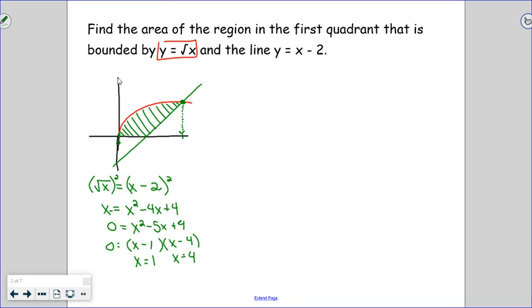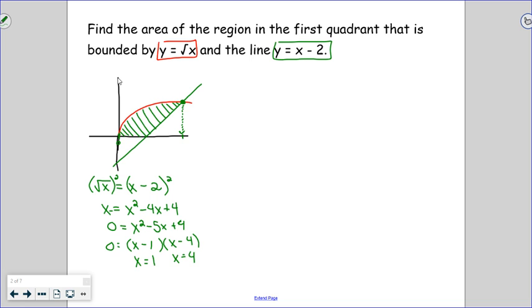Okay, so analyzing those answers, we get x equals 1 and x equals 4. Now, the hard part about this is we are looking at a square root, so you only get the positive square root. If I plug x equals 1 into my green equation, which was this line right here, we get a value of negative 1.